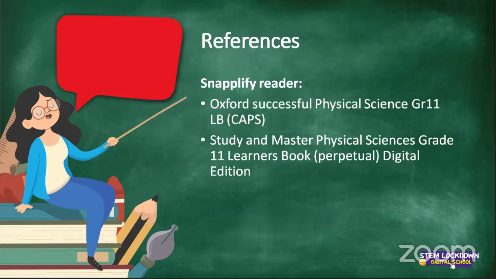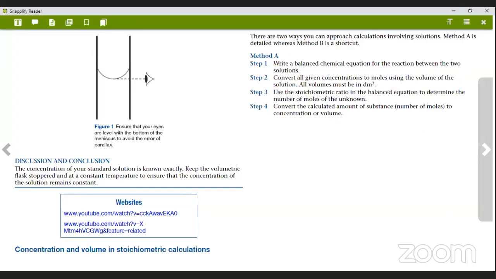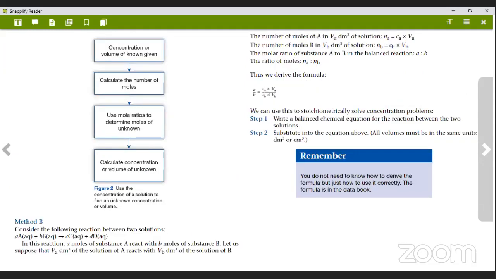So now I just want us to go and check the problems that we're going to be doing. So there is an example. With this one, I want us to use method B, because we've been using method A for all the other problems.